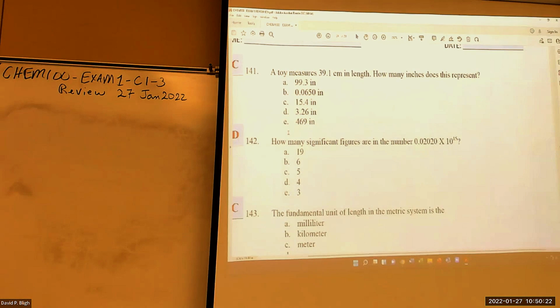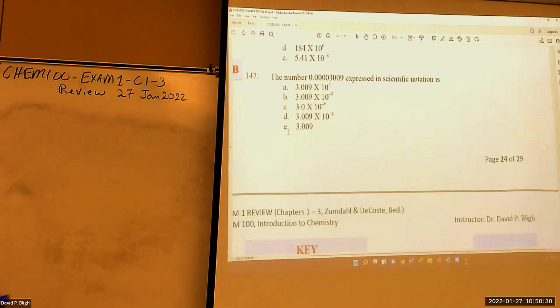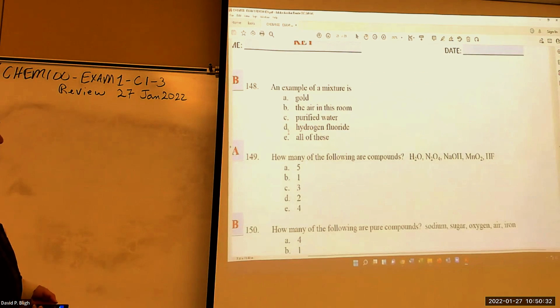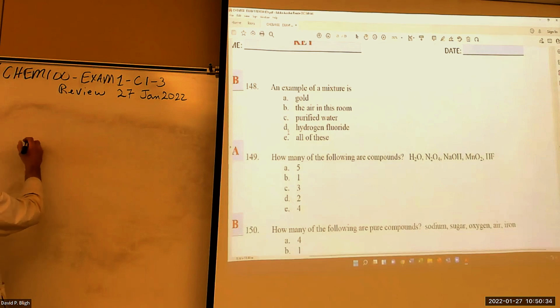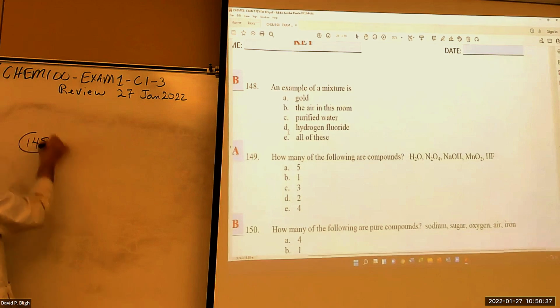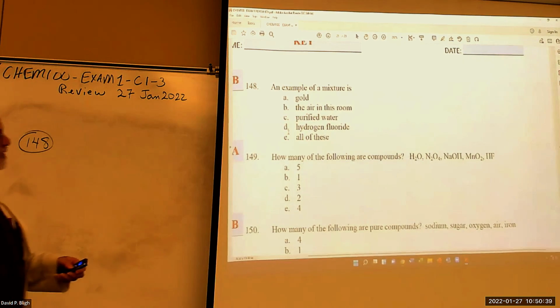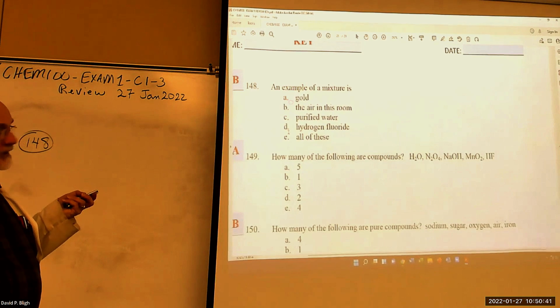Okay, let's see. What do I have next? 148. An example of a mixture. So we are getting some redundancy here. An example of a mixture. Gold is an element, right? Can't be a mixture.